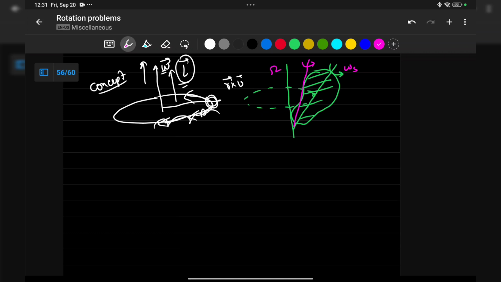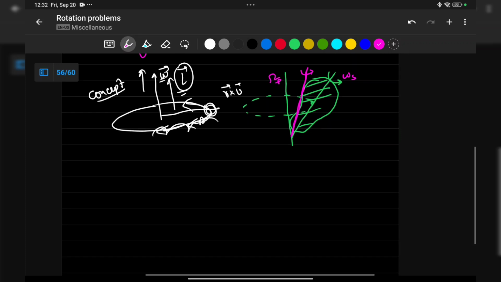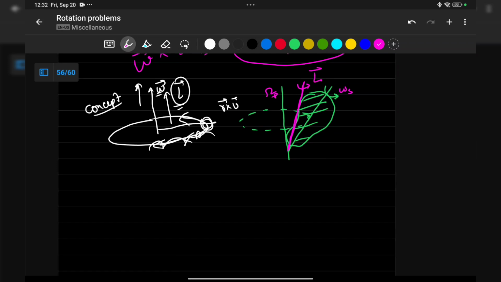Sorry, this is capital omega, which is the precession, and this is the omega of spinning. So their net rotation is about this, and the angular momentum is about this. But in general planar motion, as there can be omega in only one direction, the angular momentum is also directed about that omega.